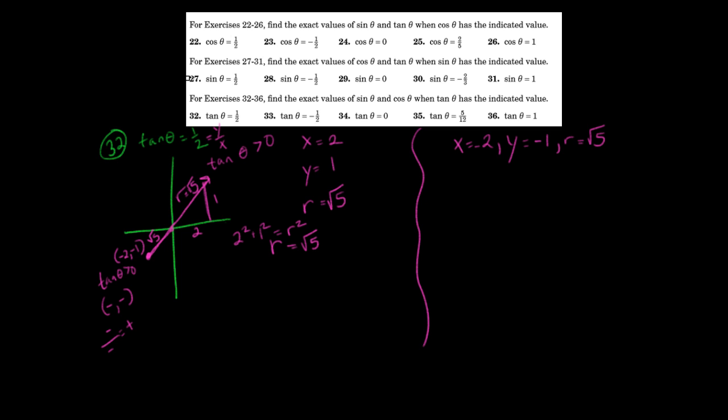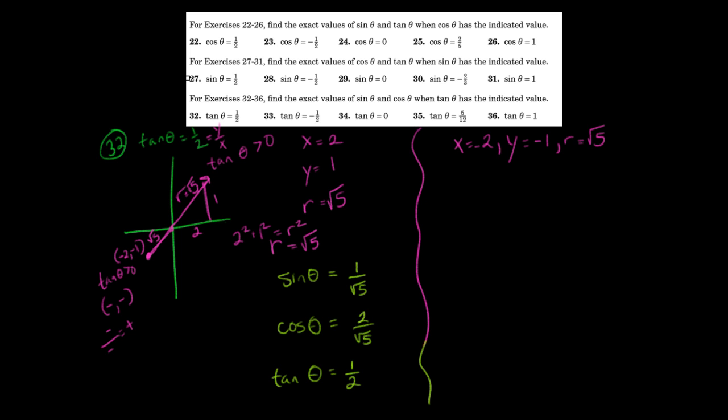Okay, so when you do these ratios, and they're asking for sine, cosine, and tangent, on this side, the sine of theta would equal y, 1, over square root of 5. Cosine of theta is equal to 2 over the square root of 5, and tangent of theta, that was given, but we'll just check it, is y, which is 1 over 2.